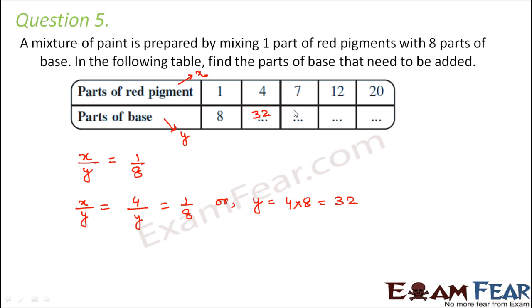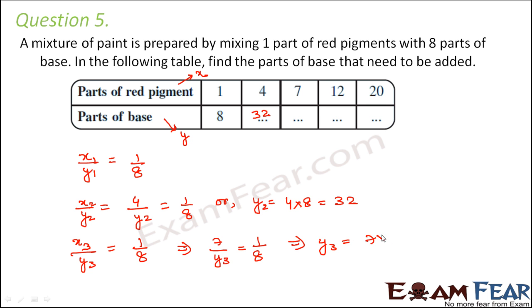Similarly, in the third case, x3 by y3 should also be equal to 1 by 8, where x3 is 7 and y3 is not known. So y3 is equal to 8 into 7, which is equal to 56. So this would be 56.